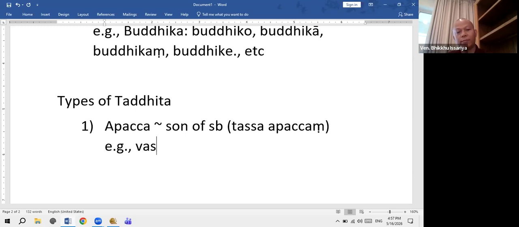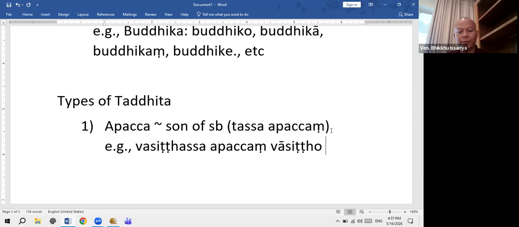So, for example, Vasitthassa apaccam, Vasittho. The meaning of that one is a son of Vasittha.